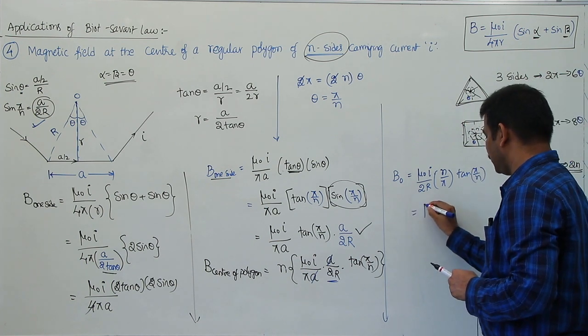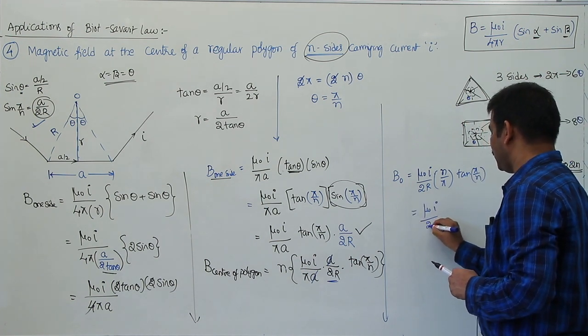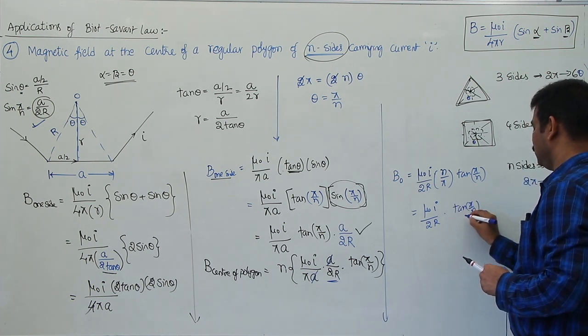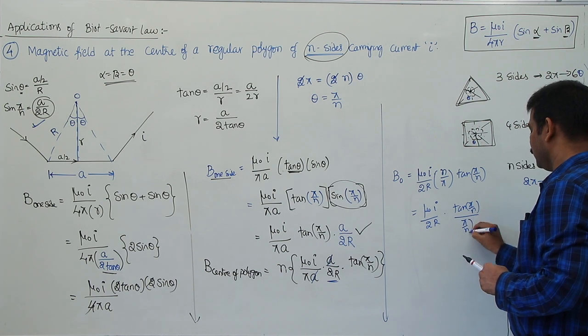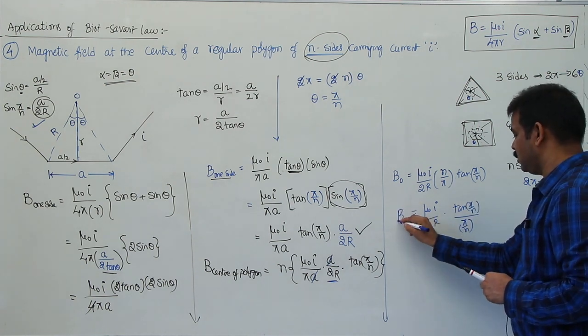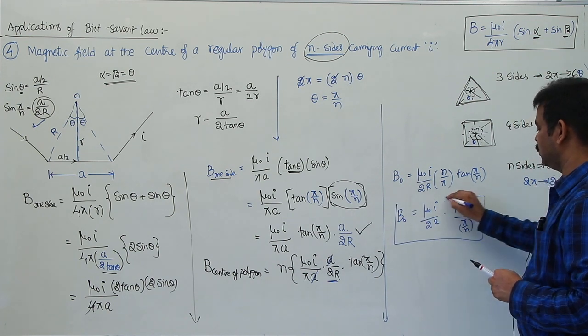So this can also be written as mu naught I by 2r tan pi by n by pi by n, which can be written as n by pi here. So this is the magnetic field at the center of a regular polygon.